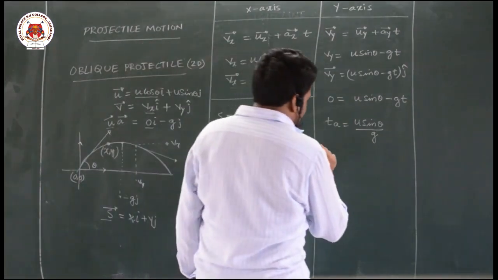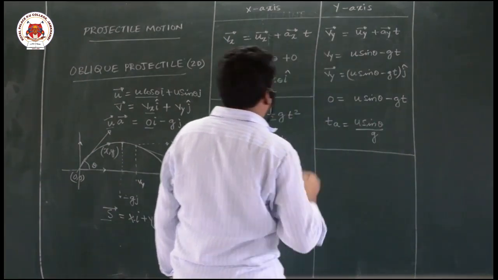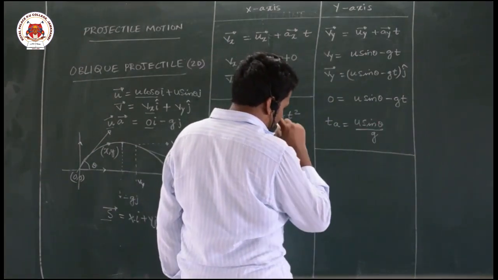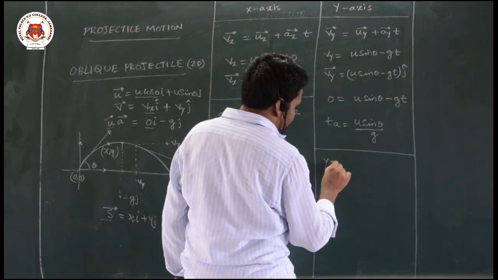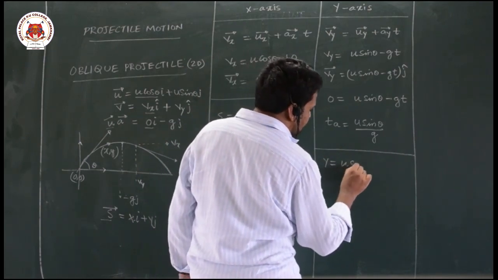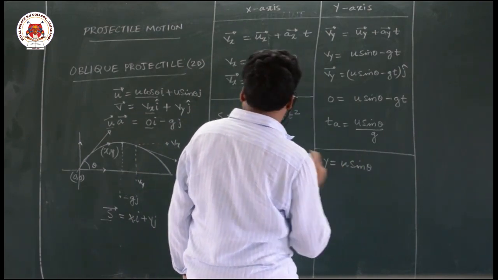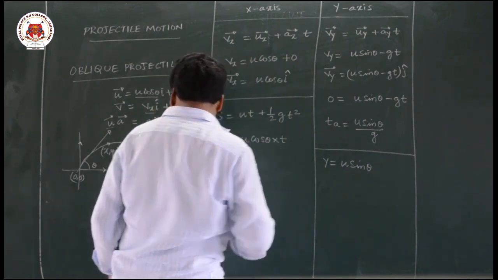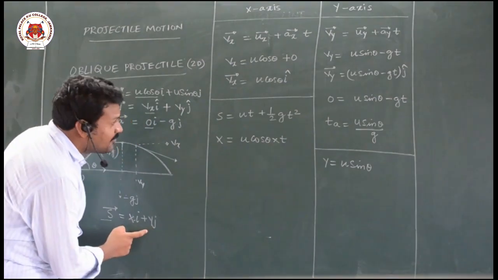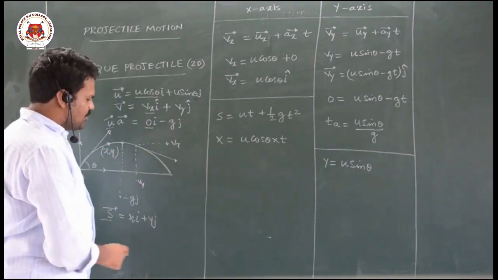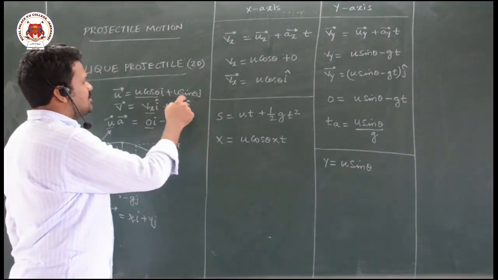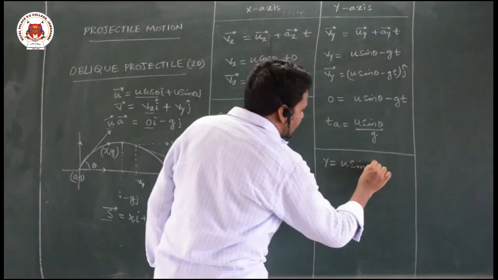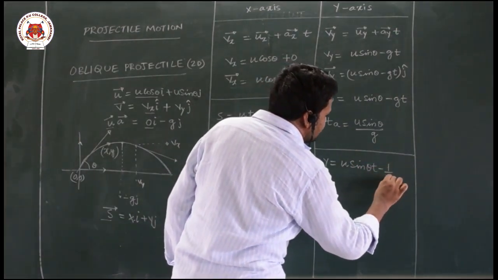Similarly, I will apply second equation of motion in y axis, that is y is equal to u sin theta into t, because s is equal to ut plus half at square. Displacement along y axis I took as y. So y is equal to u sin theta into t minus half gt square.